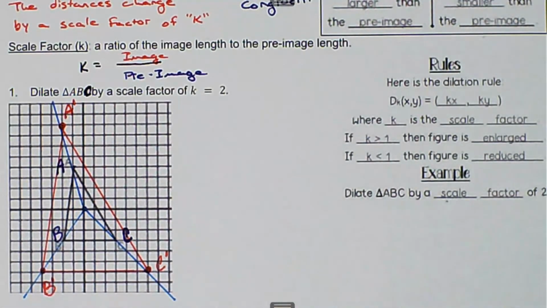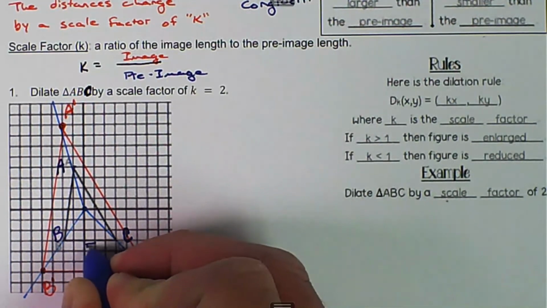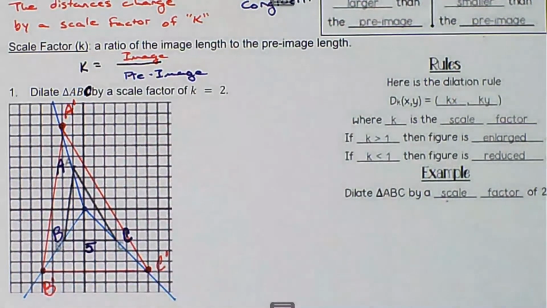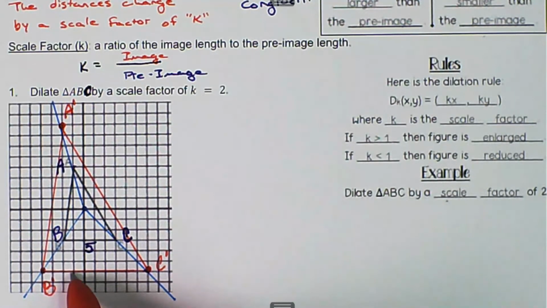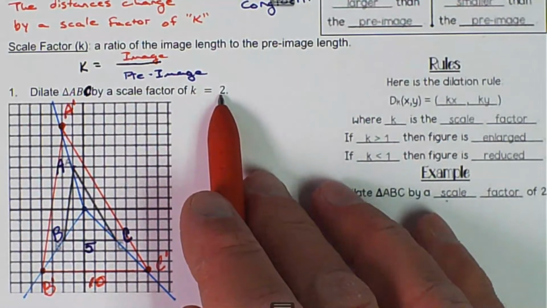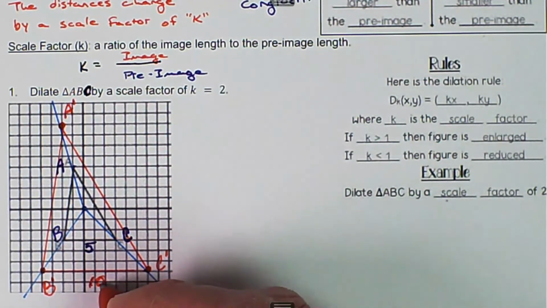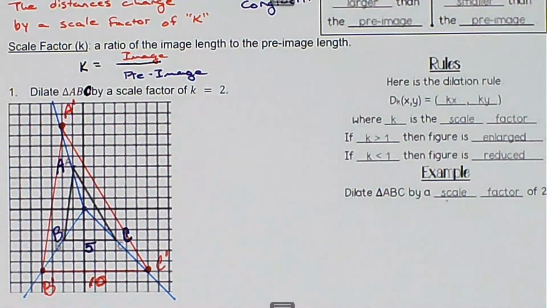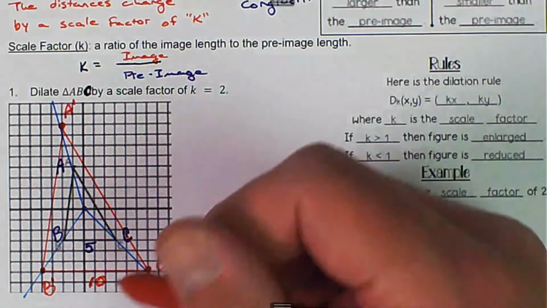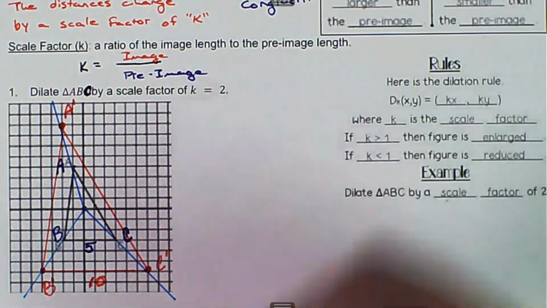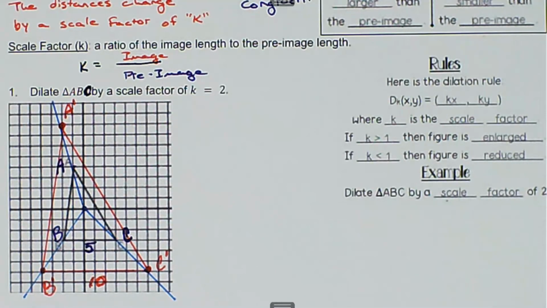So BC has a length of 5. Now B prime C prime has a length of 1, 2, 3, 4, 5, 6, 7, 8, 9, 10. So it was an enlargement by 2, so it used to be 5 multiplied by 2, and now the distance is 10. So that's one way that you can check if you have either completely vertical or completely horizontal lines.